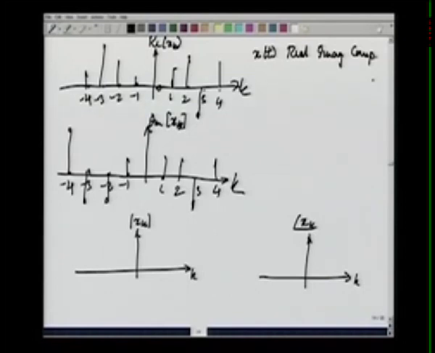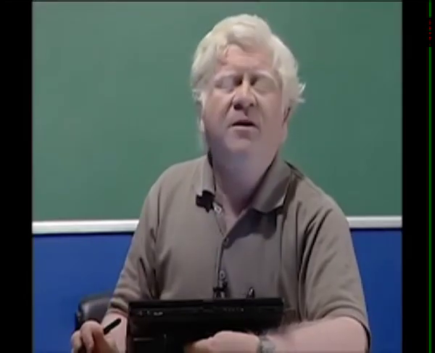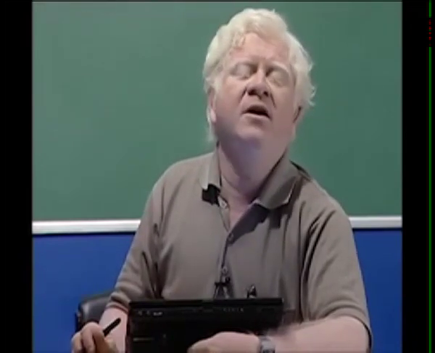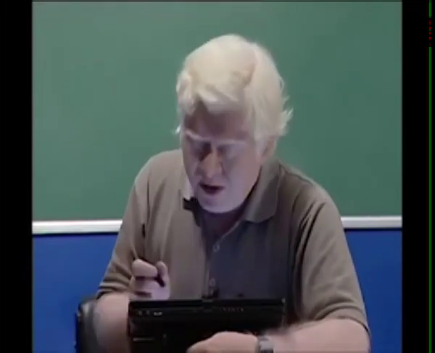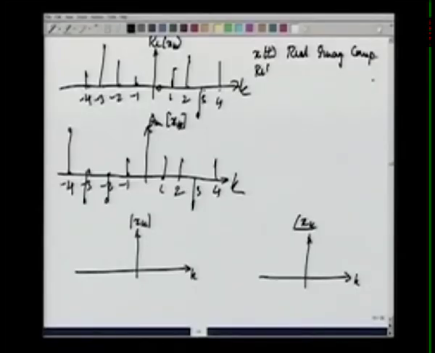Now, when x t is this, we will look at the symmetry properties of the real parts of x k, the imaginary parts of x k, the magnitude parts of x k, and the phase parts of x k. So, let us consider real x k. The real part of x k will be even when x t is real.